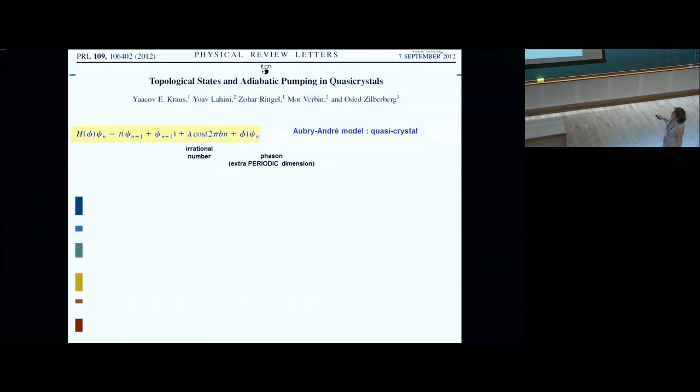What they do is solve this tight-binding Hamiltonian, where B is an irrational number to get a quasi-periodic structure, and phi again is a phase.